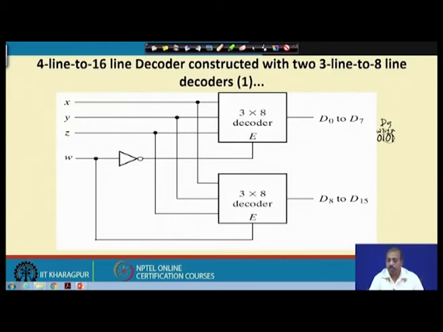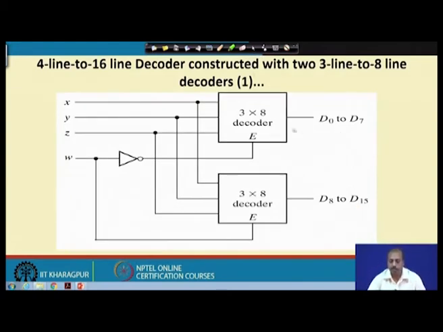As a result, the D5 output will be made high and all other outputs will be made low. Since the lower decoder is disabled by making E equal to 0, all its outputs will be low. So, among the entire set of 16 outputs D0 to D15, only the D5 output will be high and all other outputs will be low. In this way you can use 3 to 8 decoders to make a 4 to 16 decoder or even higher, like we have previously seen 3 to 8 decoders used for getting a 5 to 32 decoder.